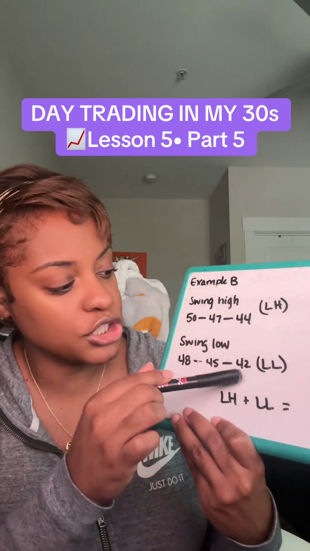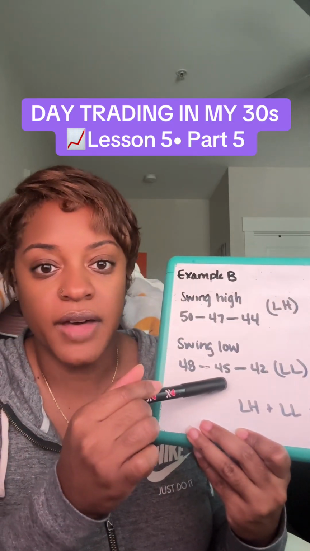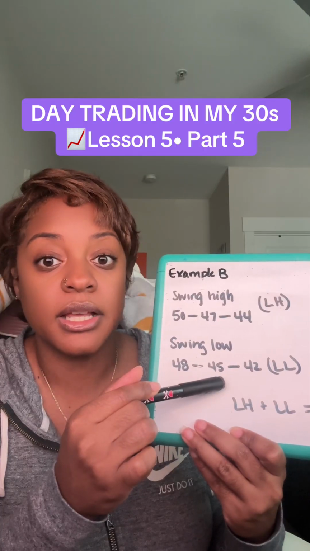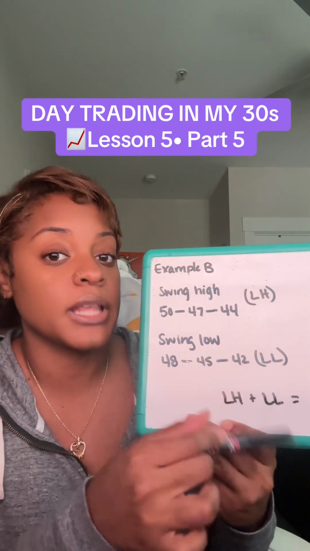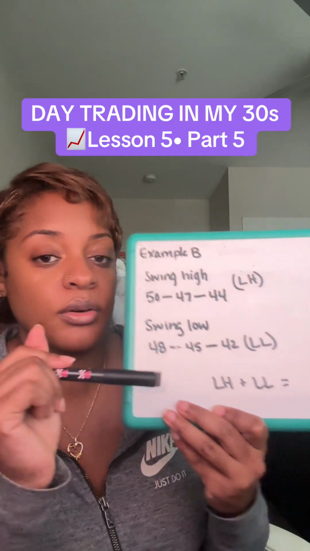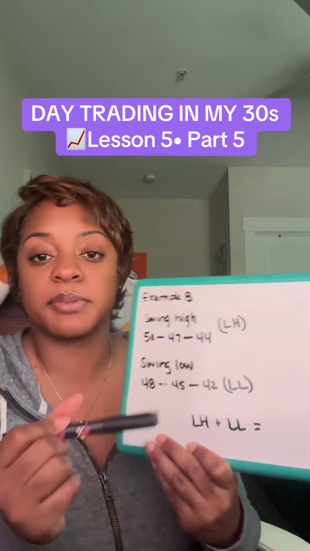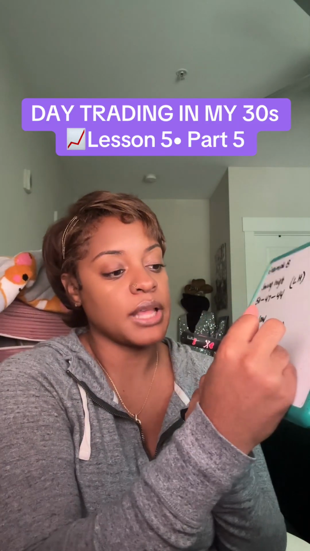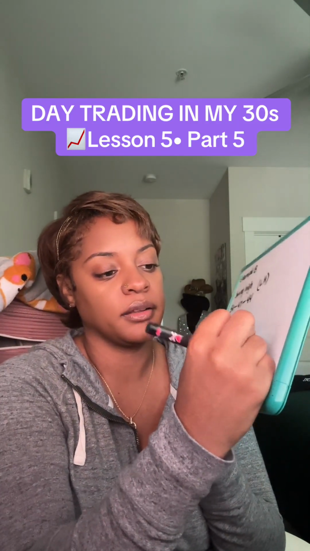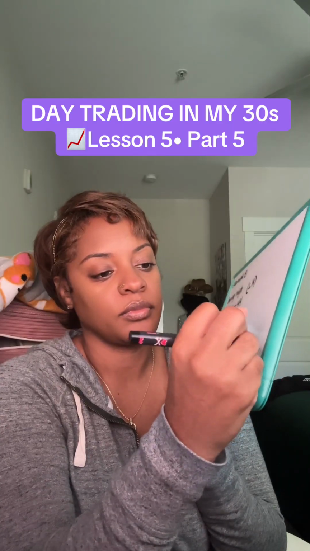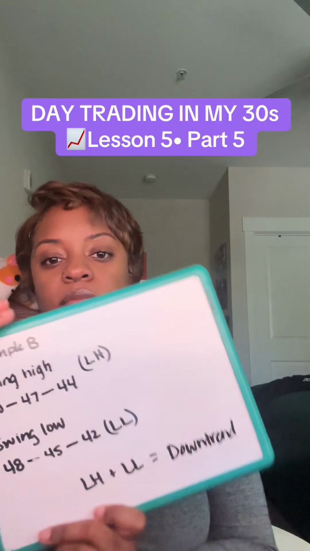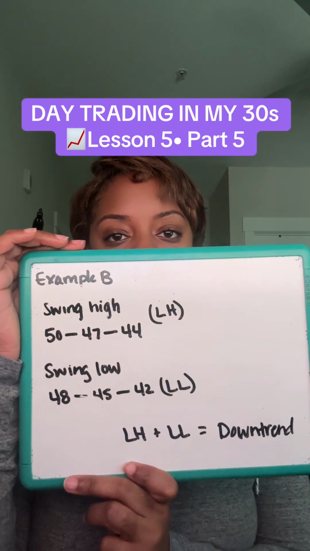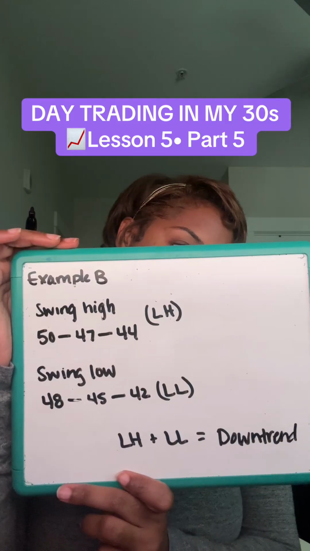And then 42 is lower than 45, which is a lower swing low, slash the swing out and it becomes a lower low. And remember, lower highs plus lower lows equals a downtrend. Y'all can screenshot that. All right, that's example B.